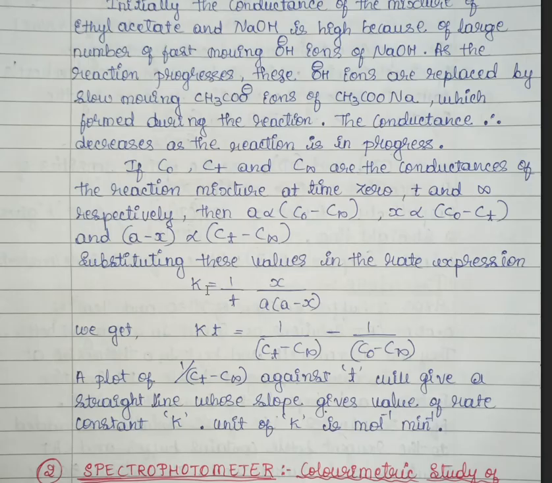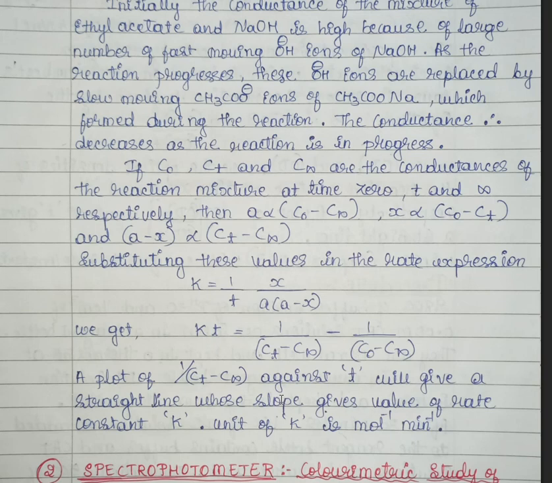We substitute into the rate equation, where a is equal to b, so the initial concentrations are the same. So k is equal to 1 by t into x divided by a into a minus x. Substituting and simplifying, kt is equal to 1 divided by Ct minus C infinity, minus 1 divided by C0 minus C infinity.